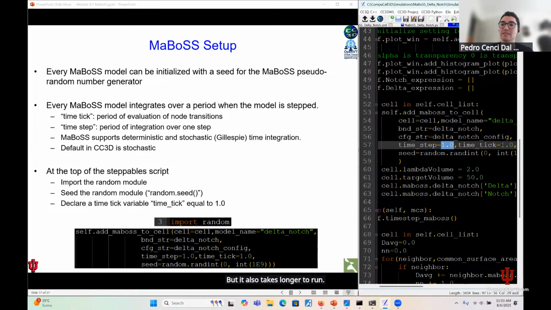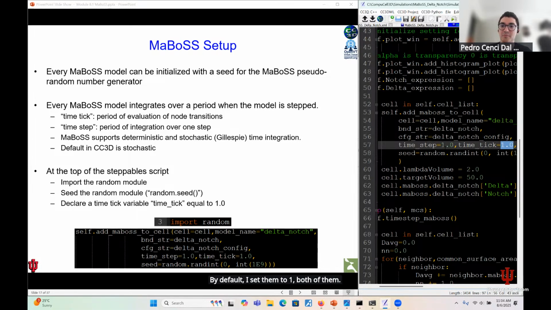And the time tick is how often you evaluate the network. So if I set this to 1 equal to the time step, every step the MaBoSS network does, you read the values of all the nodes. By default, I set them to 1, both of them.